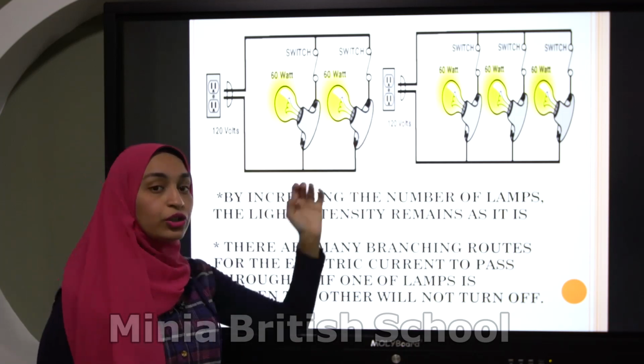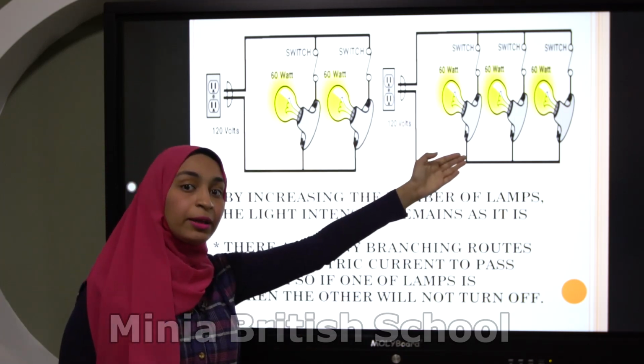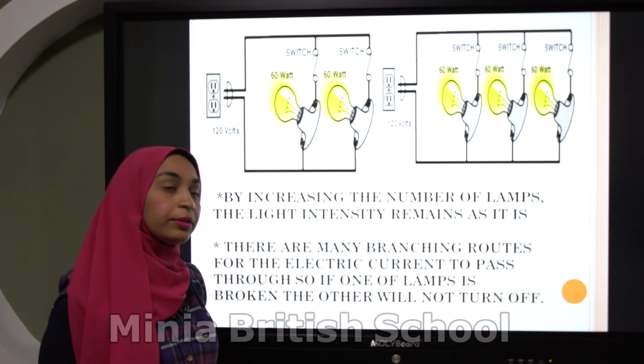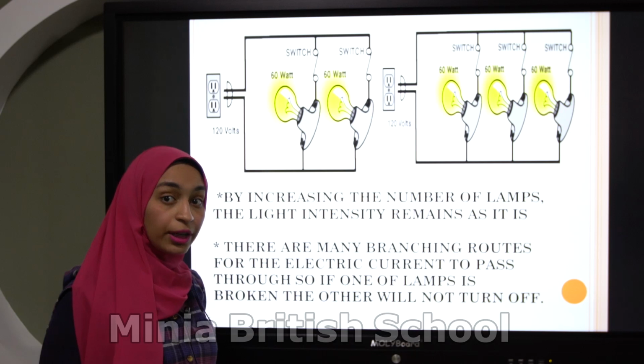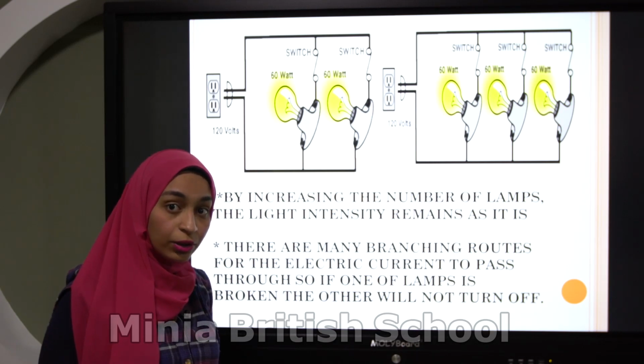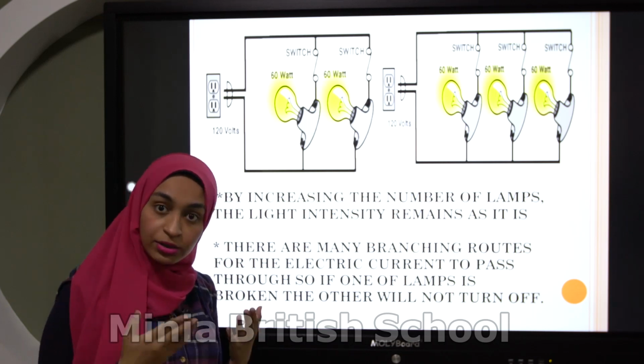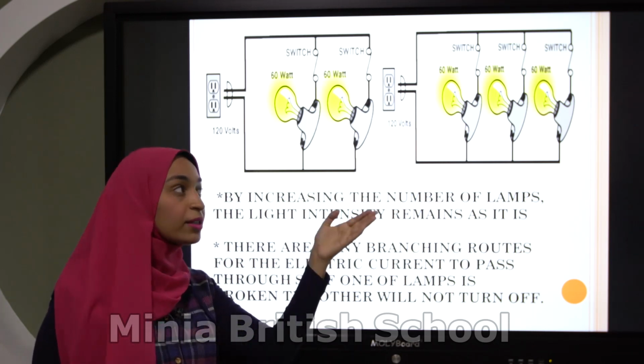In a parallel connection, if one of those lamps is burned or is broken down, the other lamp here will emit light. They will emit light or not? Do you think what? Yes, excellent. They will emit light.